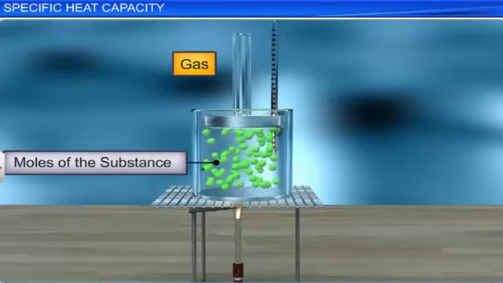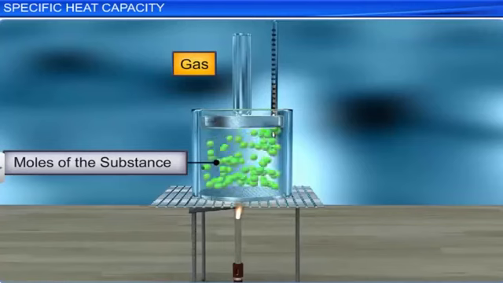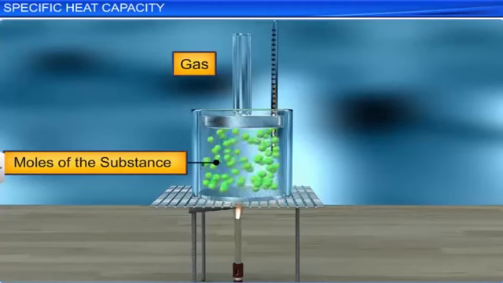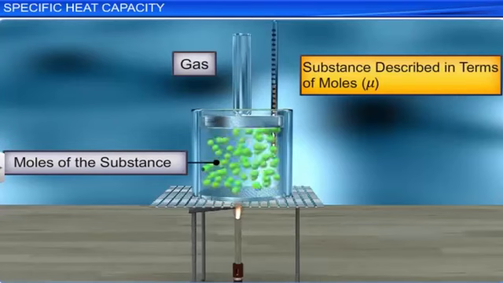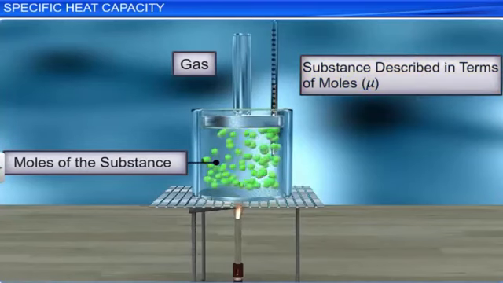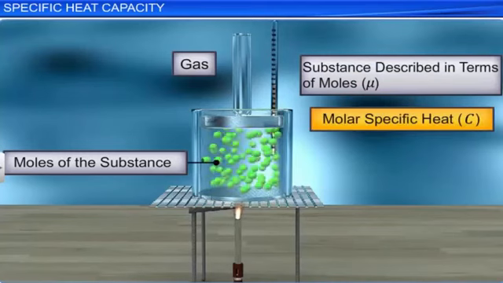Sometimes, it is more convenient to describe the quantity of a substance in terms of moles, mu, rather than mass, m. When a given substance is expressed in moles, its specific heat capacity is known as molar specific heat capacity and is represented by C.